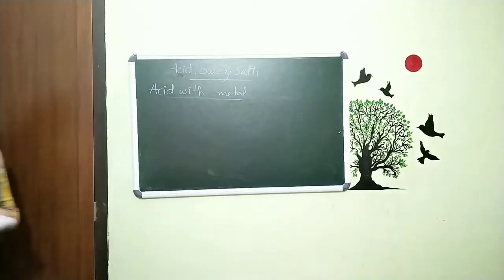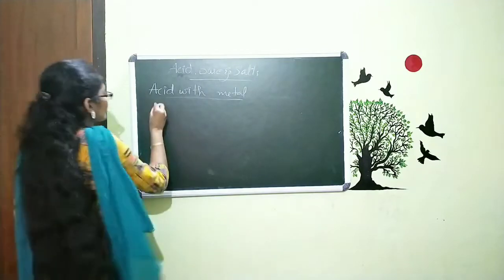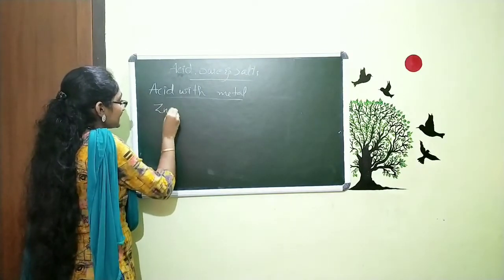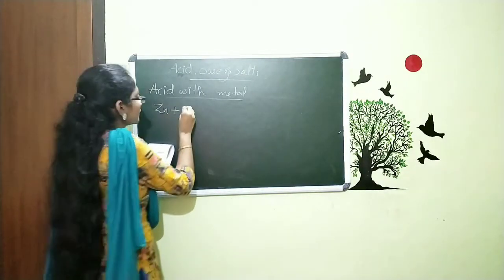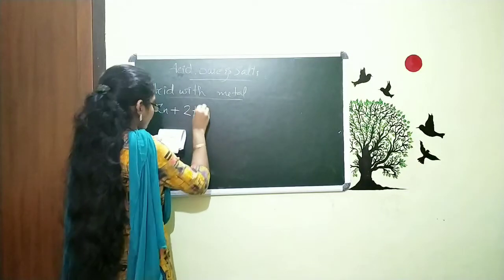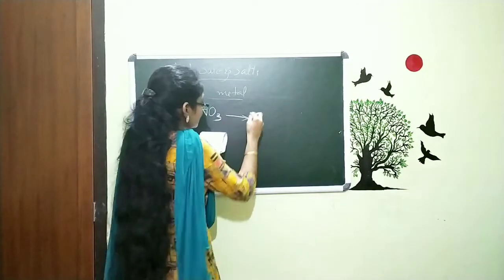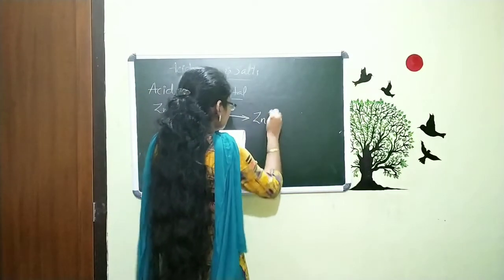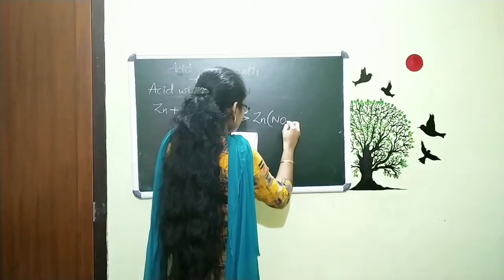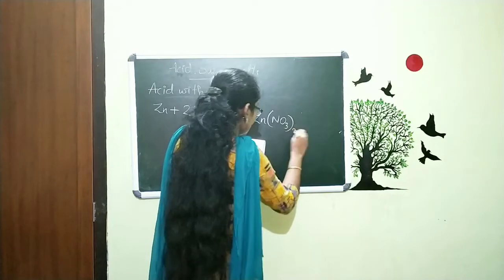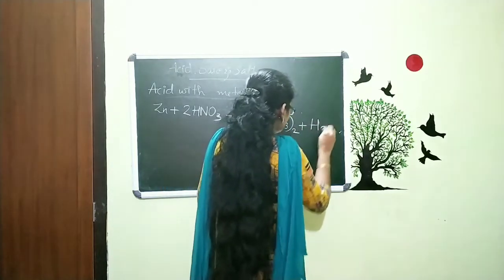The same thing is here. Then zinc is getting reacted with 2HNO3. Then the product is Zn(NO3)2 plus H2.